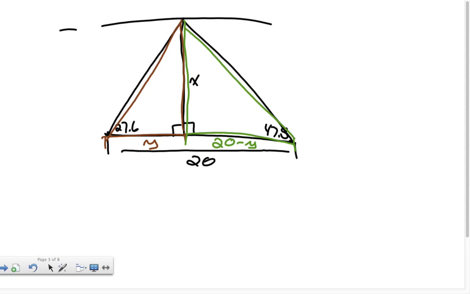Sabrina? Tan 27.6 equals x over y. Yeah, so we take the tan of theta is opposite over adjacent. We realize that these two, compared to that angle, have an opposite and adjacent. So tan of 27.6 is really x over y.